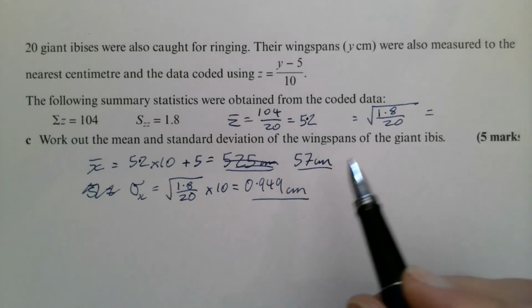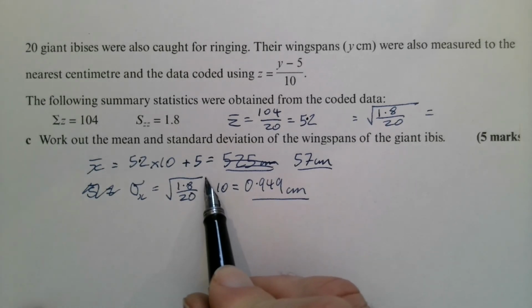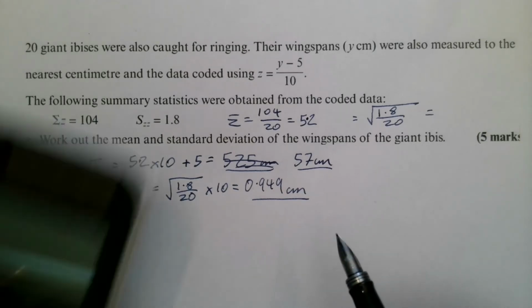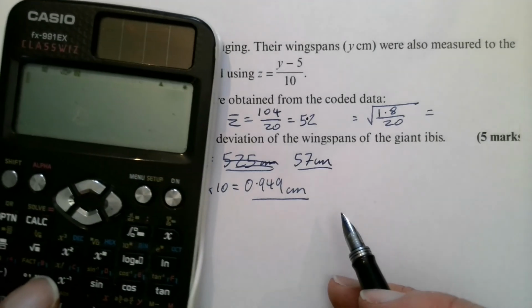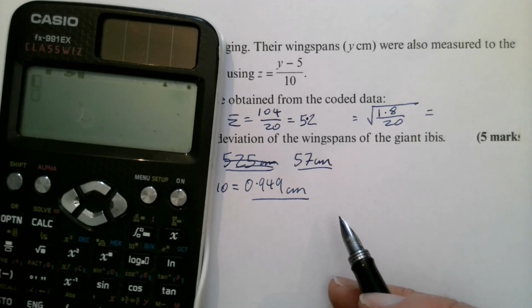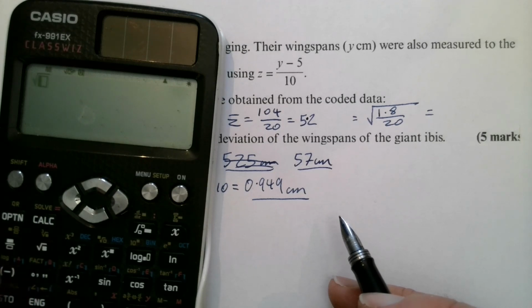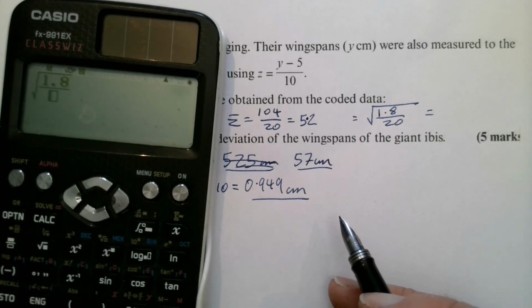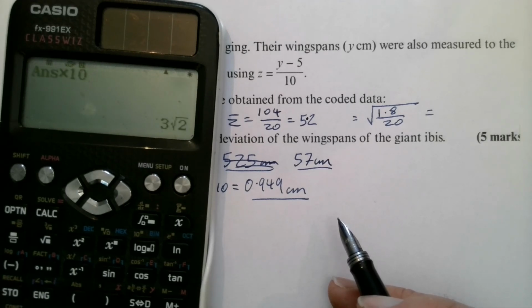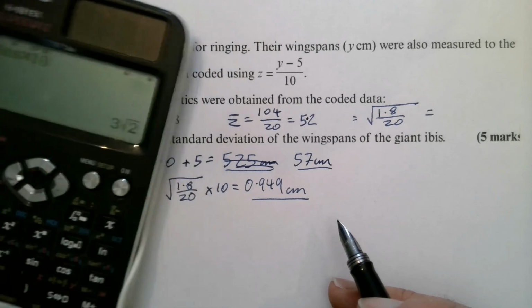And also I made another mistake on here, because if you look back, it's probably going over there. This is wrong. If you do the square root of 1.8 over 10, you get that. If you times that by 10, you get 3 over 2.